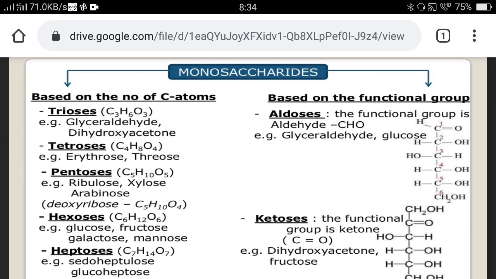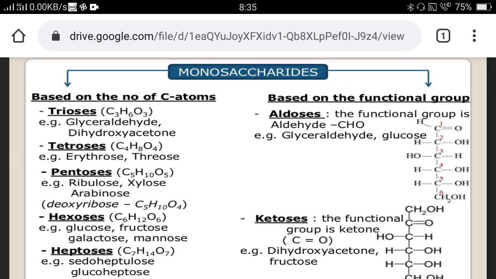Monosaccharides, based on the number of carbon atoms: trioses. Formula is C3H6O3, where the carbon number is 3. Example: glyceraldehyde and dihydroxyacetone. Tetrose, where the carbon number is 4: erythrose and threose.